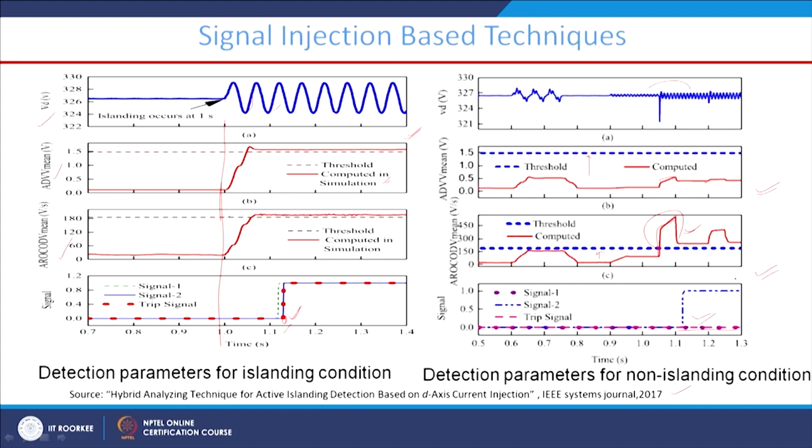Similarly, many authors have also injected current in the q axis; they have injected the d axis current through the q axis of the controller, and also observed the variation of the voltage and current.